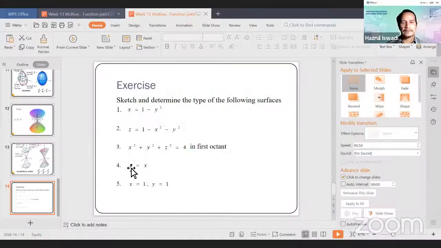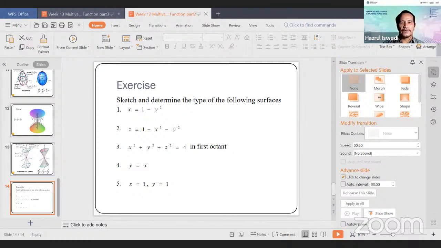Then this is for the fourth exercise. The equation of the surface is y is equal to x. Okay, look at that.